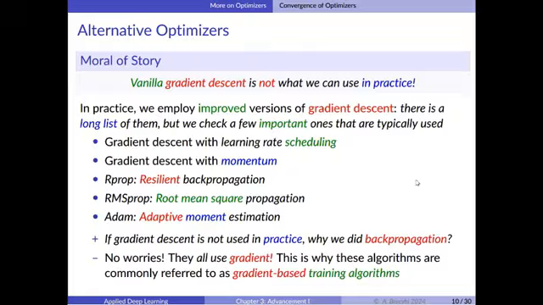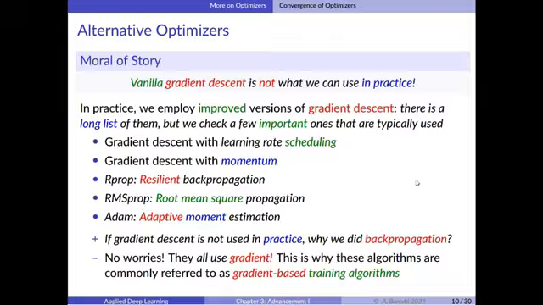You may ask, if we are not using the original or vanilla gradient descent, why did we discuss it? Why did we discuss backpropagation? Why did we discuss gradient-based algorithms? But you should note that all the other algorithms need backpropagation and gradient descent.